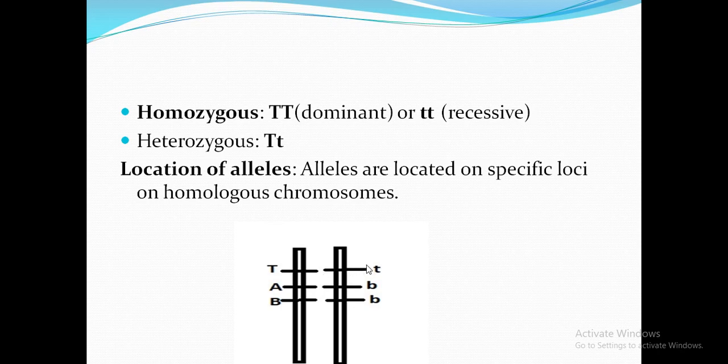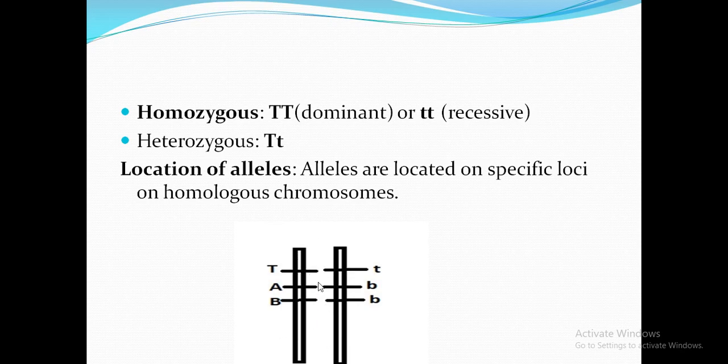As you already know, in diploid organisms, chromosomes occur in pairs. Each of these pairs is called homologous. So in human females, there are 23 pairs of homologous chromosomes, whereas in human males, there are 22 pairs of homologous chromosomes. Now here, this is a pair of chromosomes.